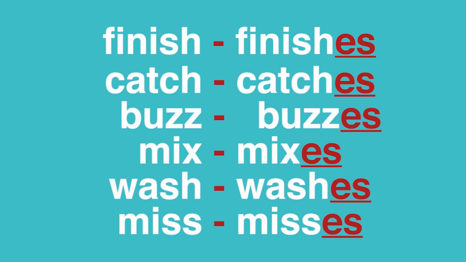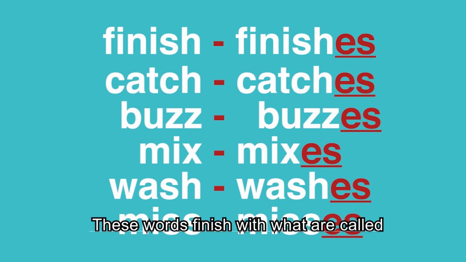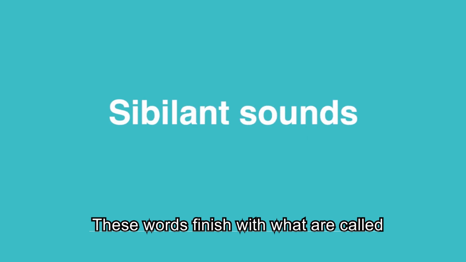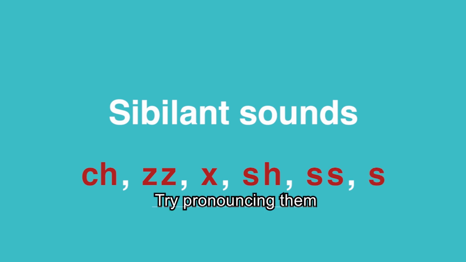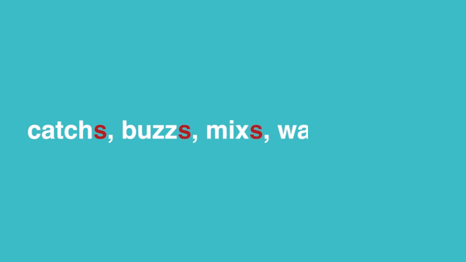Catch, buzz, mix, wash, miss. These words finish with what are called sibilant sounds. Ch, z, x, sh, z, s. Try pronouncing them. Catchs, buzzs, mixs, washs, misss, with 3 S's.